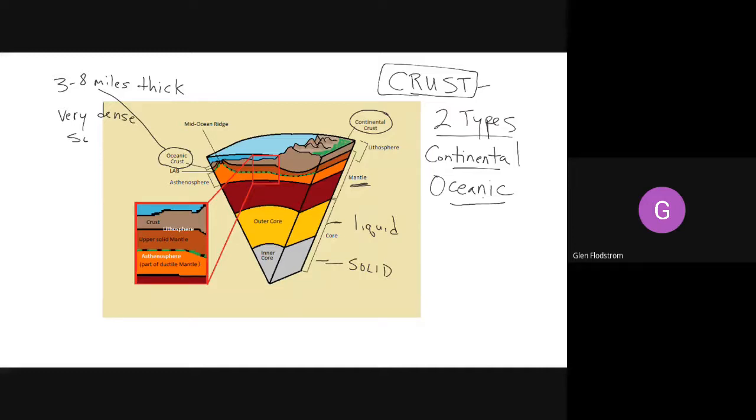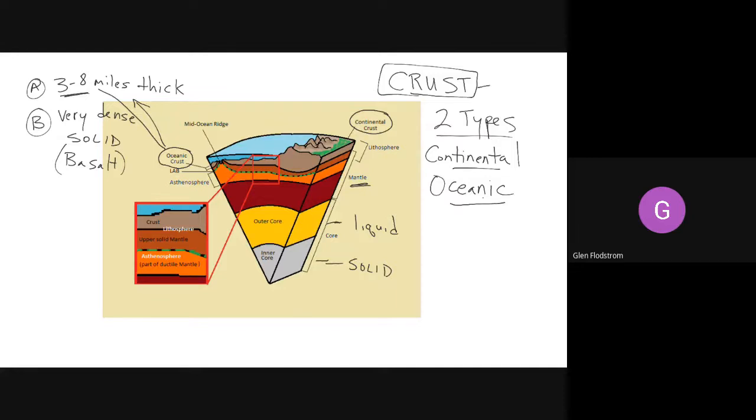It's a solid. And it's predominantly basalt. Okay, basalt, which is a type of rock. It's when magma cools. All right, so there is your oceanic crust right there. Those are the two key points: it's fairly thin, 3 to 8 miles, and it's very dense.